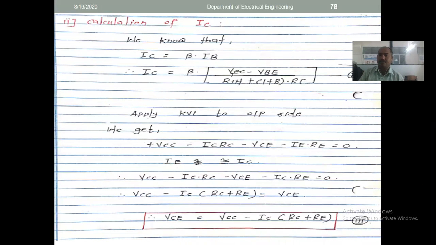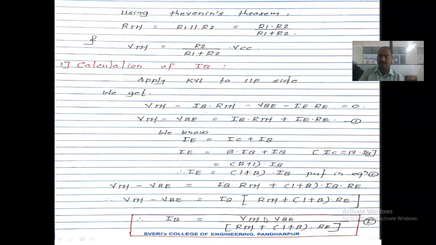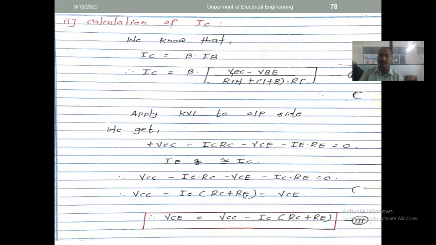We know IC is beta times IB, so IC equals beta times VTH minus VB divided by RTH plus 1 plus beta into RE. This is the calculation of IB and IC.